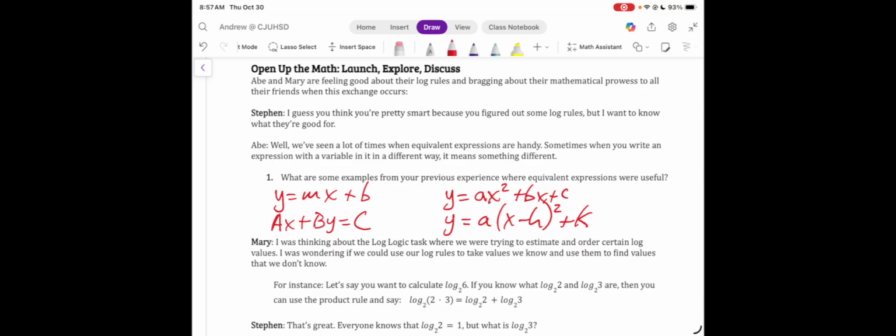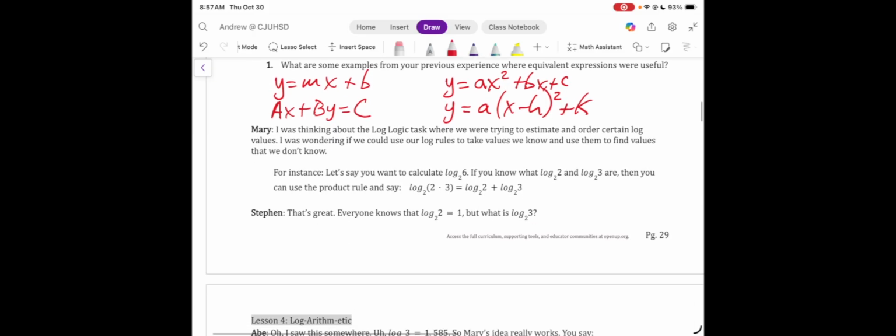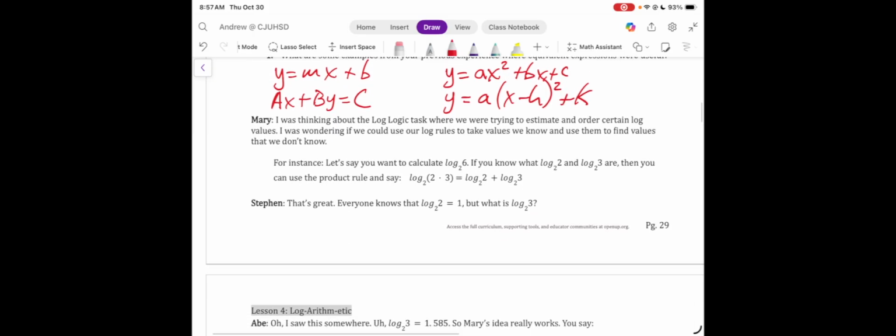Some forms are easier for graphing, some forms are easier for using to solve equations or identifying features. Now, Mary says, I was thinking about the log logic task where we were trying to estimate and order certain log values. I was wondering if we could use our log rules to take values we know and use them to find values we don't.